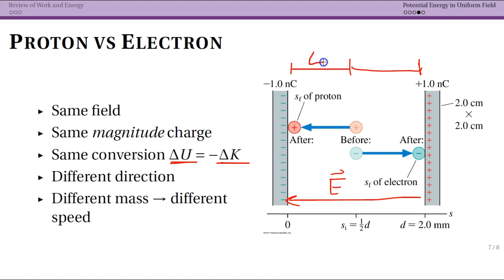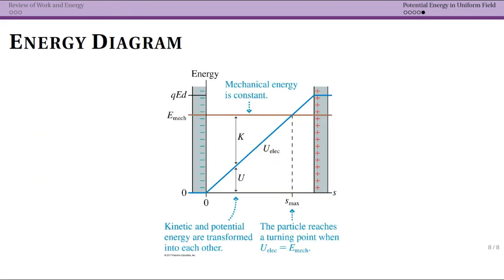The magnitude of delta S is actually going to be the same. And since E is the same, we are literally going to have the same delta U. That's true because we've let it go in the center. But the speed that it has when it hits the plane is actually going to be different since these have different masses, and that goes into your kinetic energy. So please be careful about that.